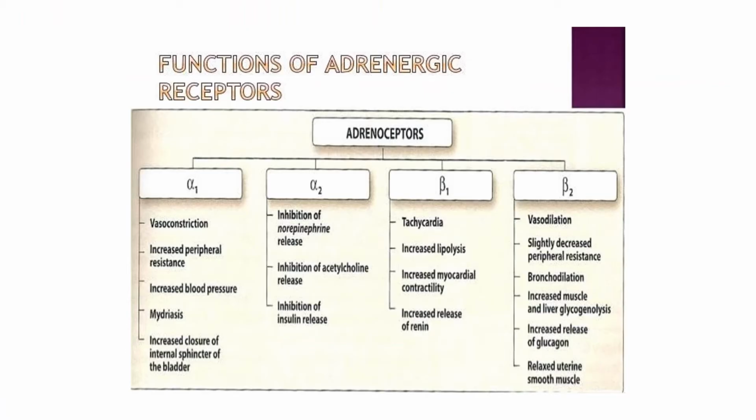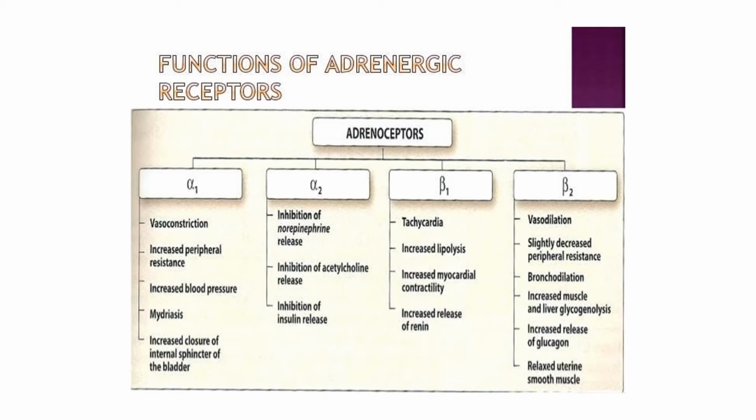Okay, so here's a page that is good to refer back to, to really know where the receptors are, because when you know where the receptors are, you know that when you give a certain drug, or when the body releases epinephrine or norepinephrine, it's going to have an effect at these sites.